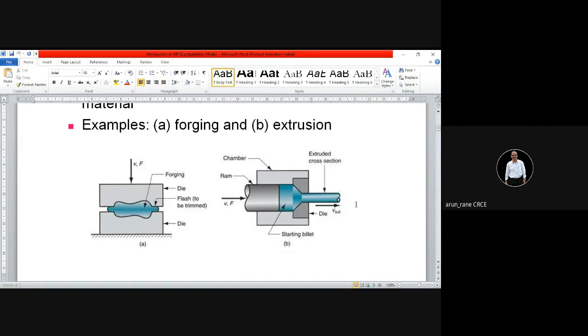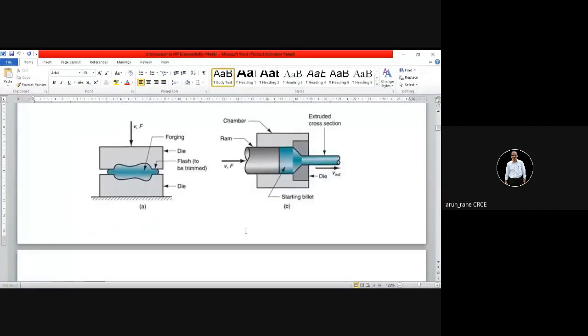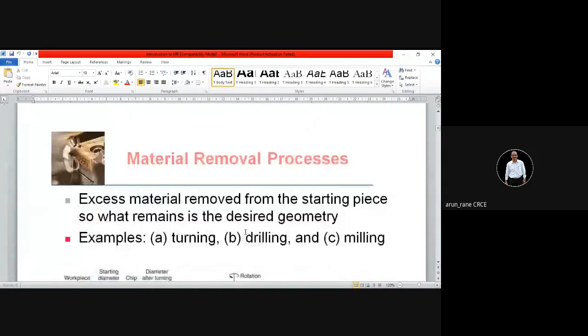There are two types: push extrusion and pull extrusion. Pull means you are pulling the material. Push is like our toothpaste. In the morning when we brush our teeth, we are pushing the paste. That is a kind of extrusion process, push extrusion.